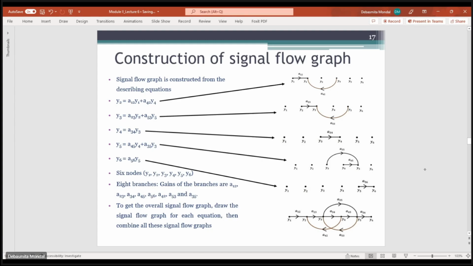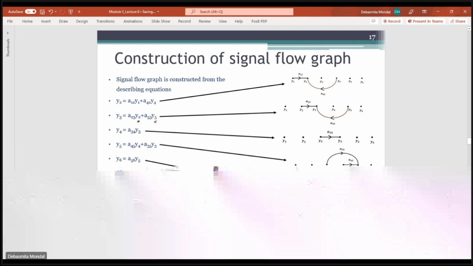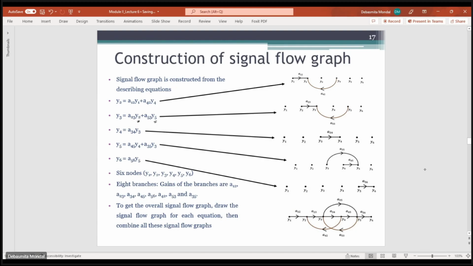Similarly, for the second equation, we are trying to find the value at node y3. y3 has connections with y2 and y5. We connect these two, and again write the corresponding gains.